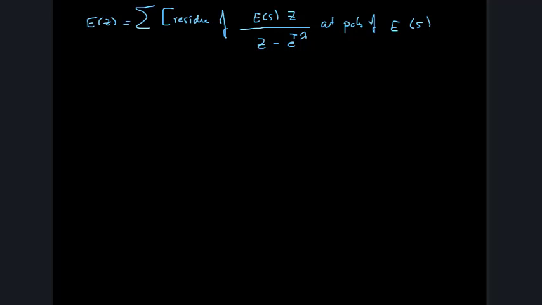So this one will be s, sorry, because we are changing the dummy variable from lambda to s. So let's take an example to calculate the E of z given E of s.